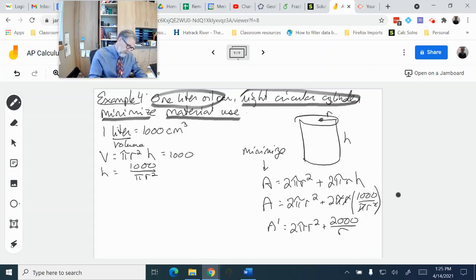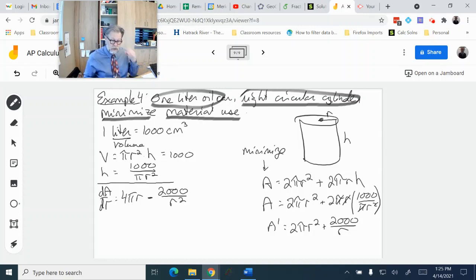So, minimizing, let's start solving. The derivative of A with respect to r is, well, 4 pi r minus 2,000 over r squared. I'm not sure how I got that. Think about it a little bit. Hint, I rewrote r in the denominator as r to the negative 1 and used the power rule. And I want this equal to 0 to find those critical points.